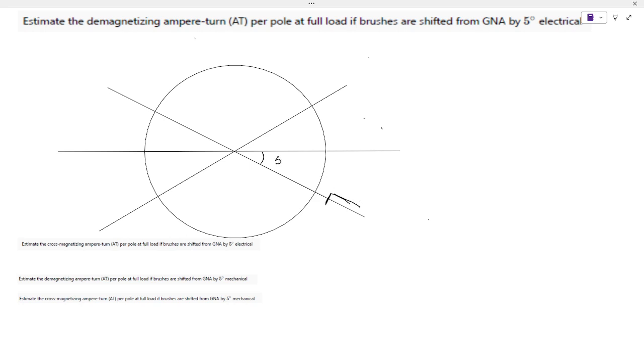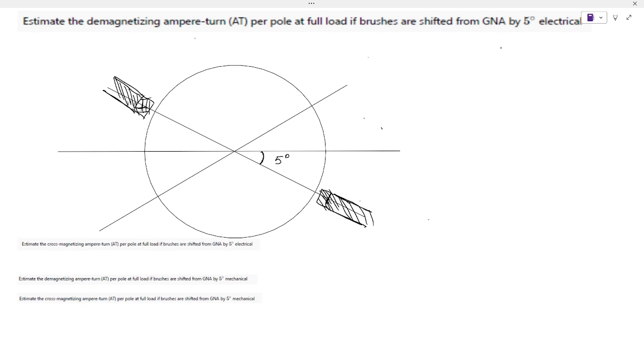Let me consider this as 5 degrees. Okay, 5 degree electrical.